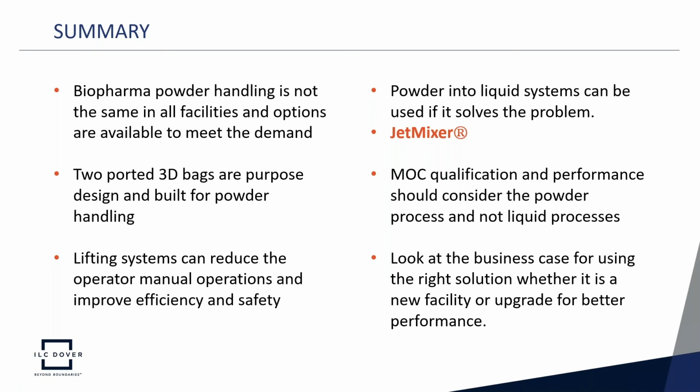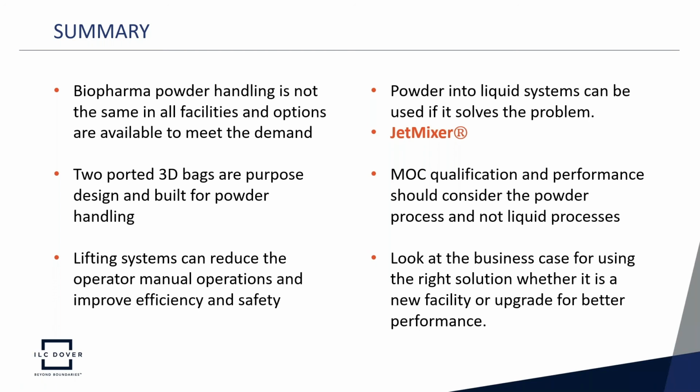As Dave presented, the powder into liquid systems can be very interesting, and focusing on the JETMIXER, it solves several problems simultaneously of how to get powder into the process. As always, with anything that's a product contact material, the material of construction, qualifications, and overall performance have to be evaluated when implementing a solution.